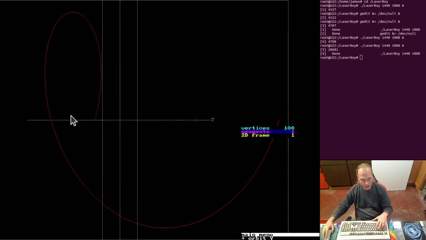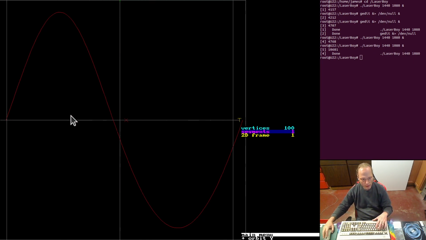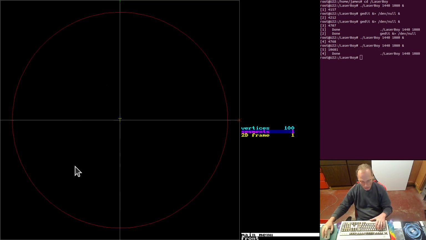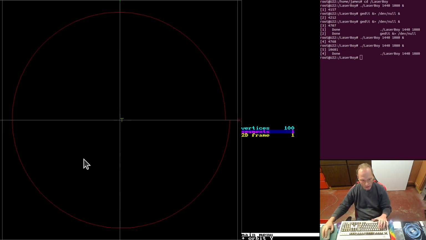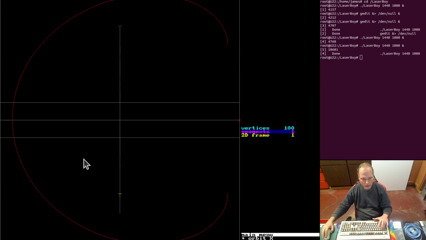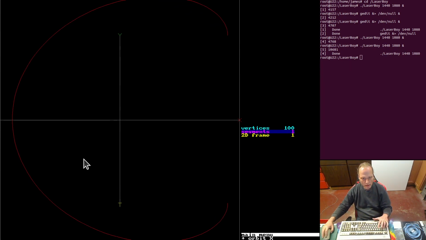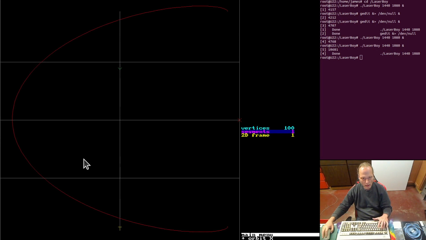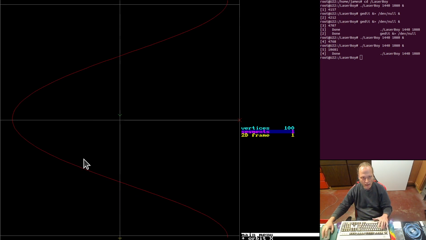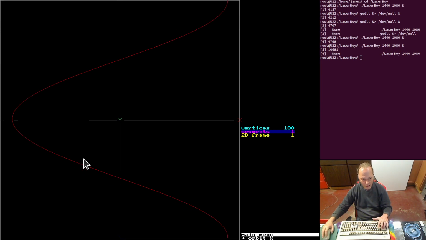If we look at it like this, where we're looking straight into the side of it, that is a sine wave, right? Looking straight into it again, if we look at it like this, rolling it forward, like that, these are all the x coordinates.